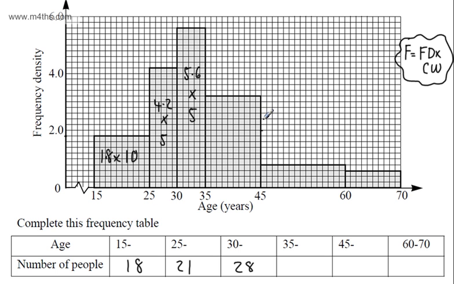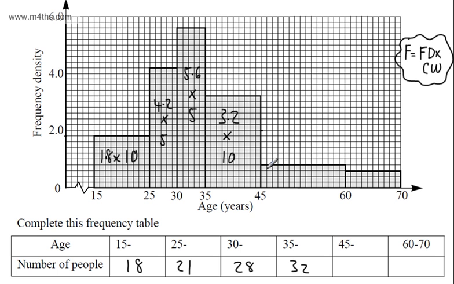So 2.2, 2.4. We've got now 2.6, 2.8, 3 and 3.2. Let's just check that works there. That looks about right. So this is going to be 3.2. In the exam, it will be a lot easier for you to see. So 3.2. This time we've got a class width of 10, that's going to give me 32.